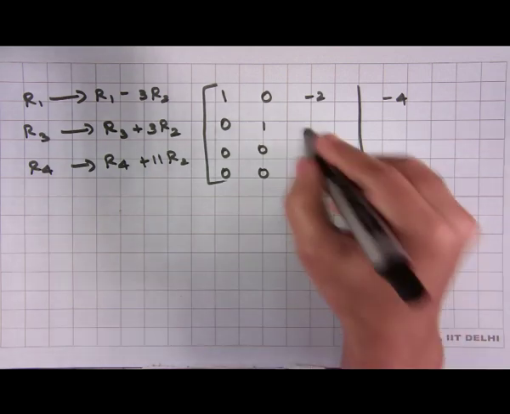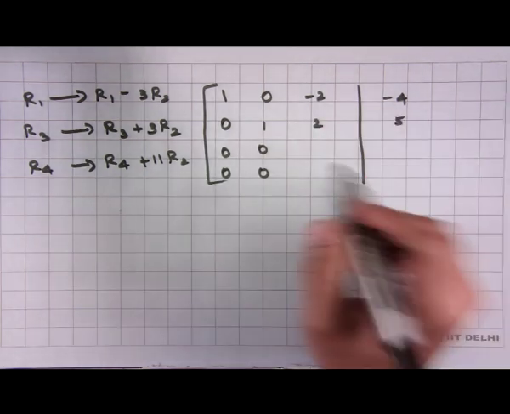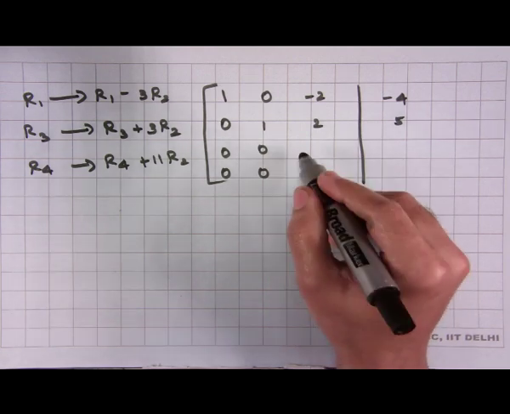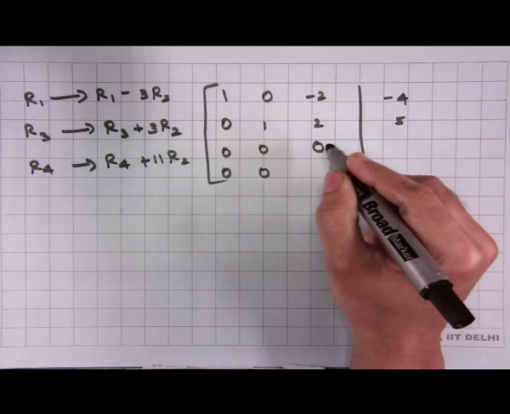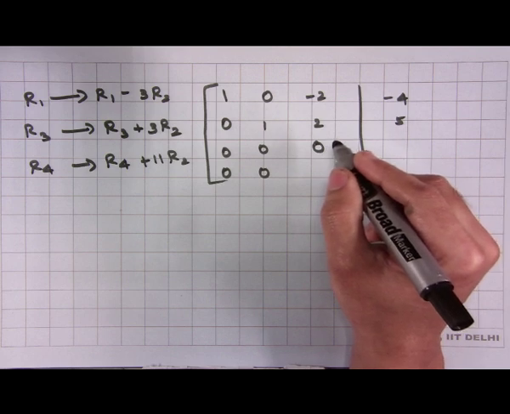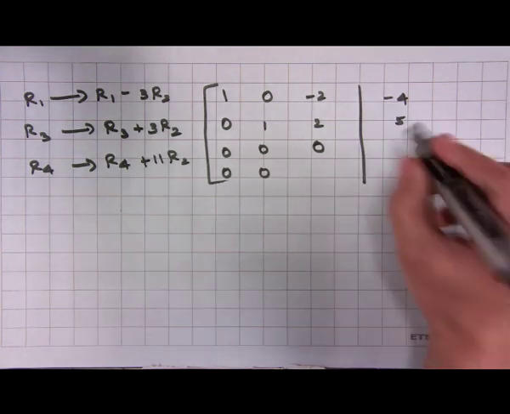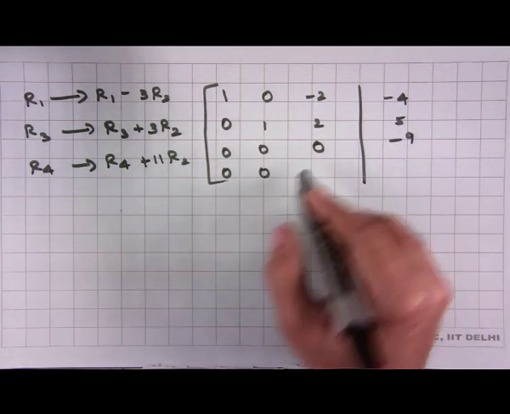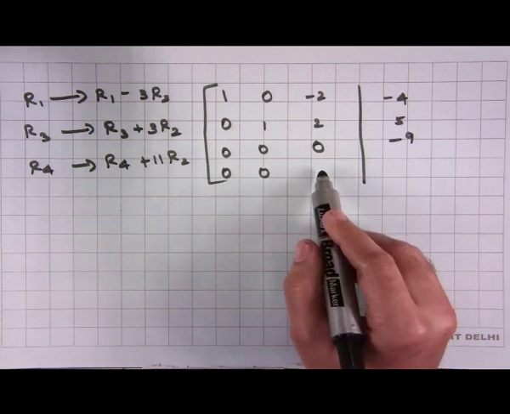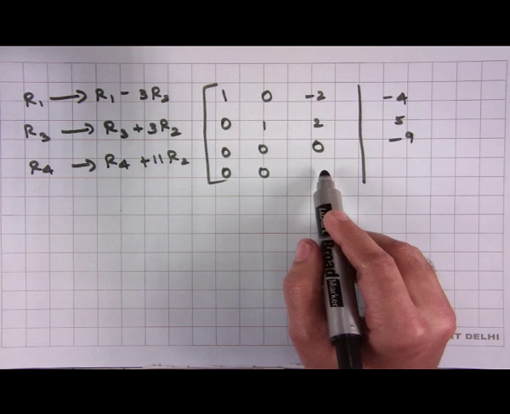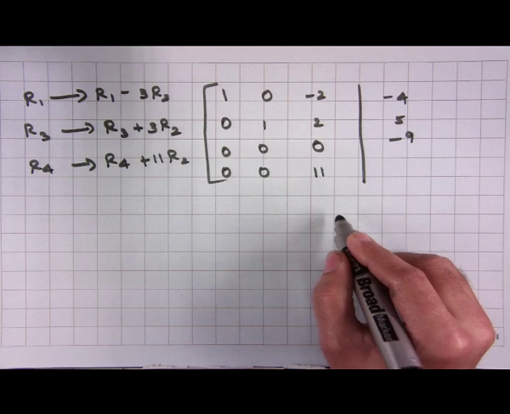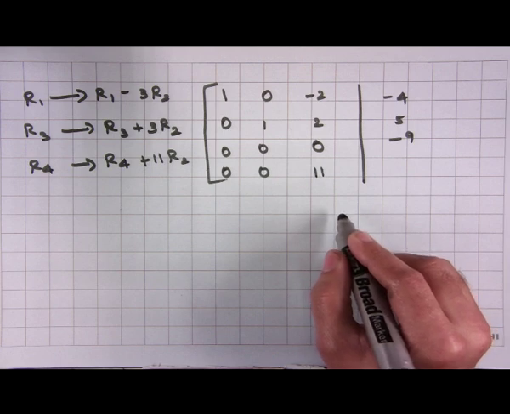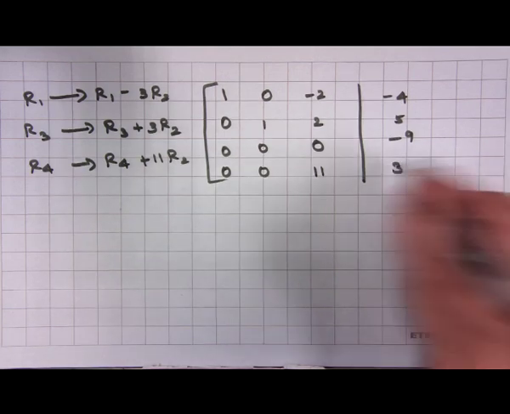The second row remains as it is, 2 5. The third one, R 3 plus 3 times R 2, will give me 0, minus 6 plus 6 is 0, and minus 24 plus 15, which will give me minus 9. And then I have R 4. So, minus 11 plus 22, you have 11, minus 32 plus 35, which will give me just 3.